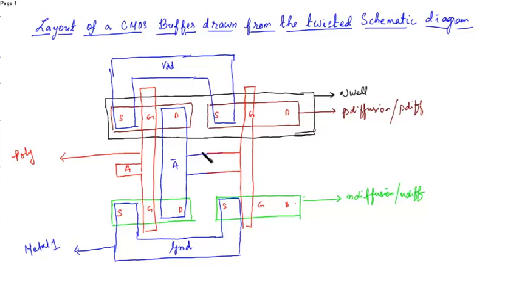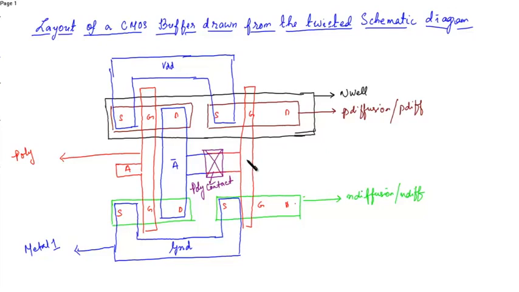So we'll place a poly contact over here. So select this area in the Magic tool, and then place a poly contact. Okay.